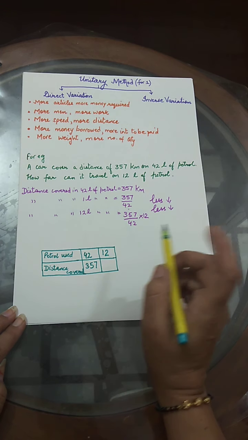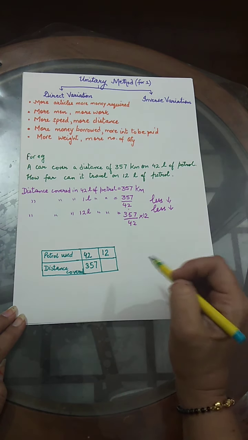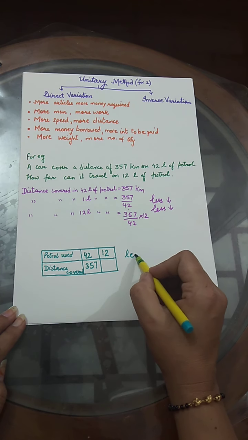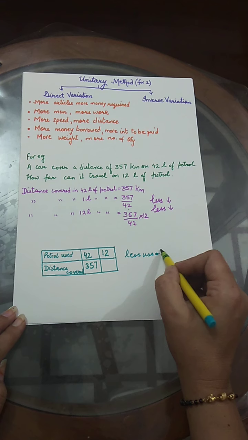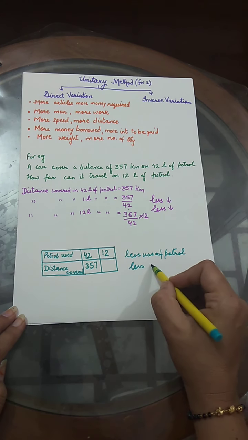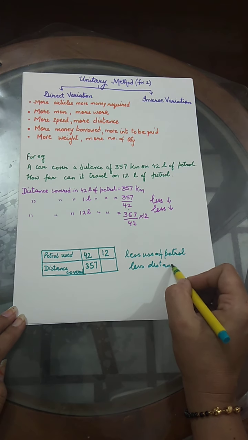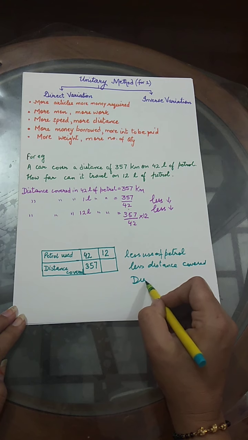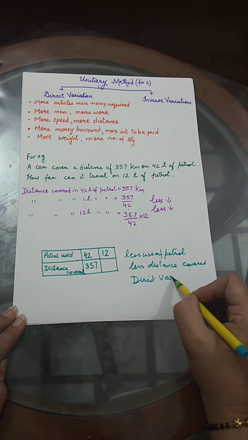Now here we are not going to find it for 1. We are going to directly find it. Now you can see over here, we will write: less use of petrol, less distance covered. Since both are less, it is direct variation.